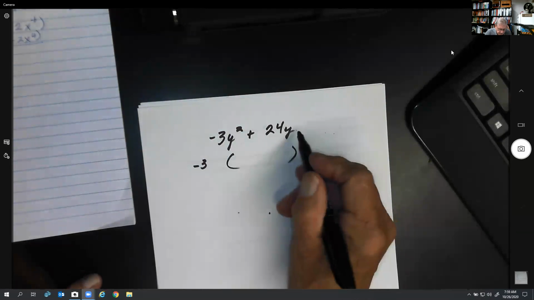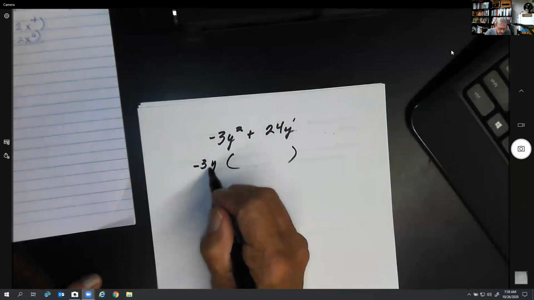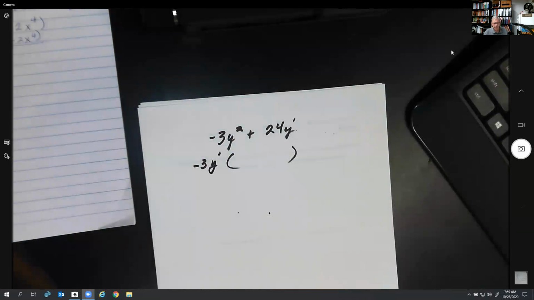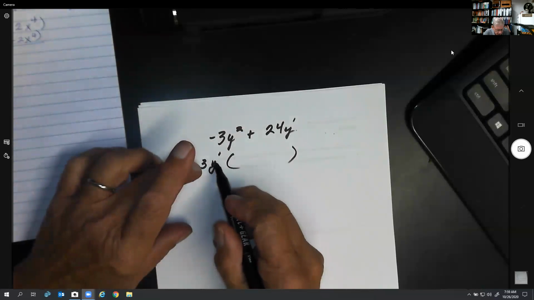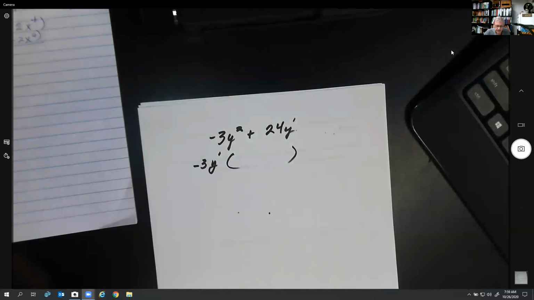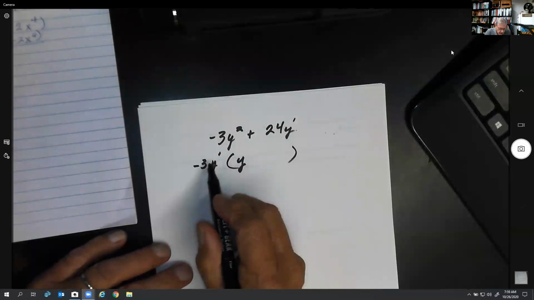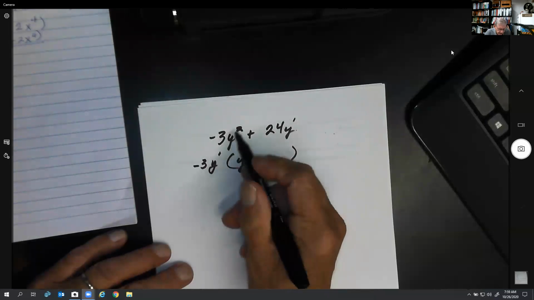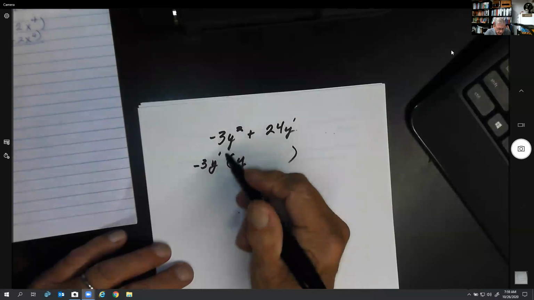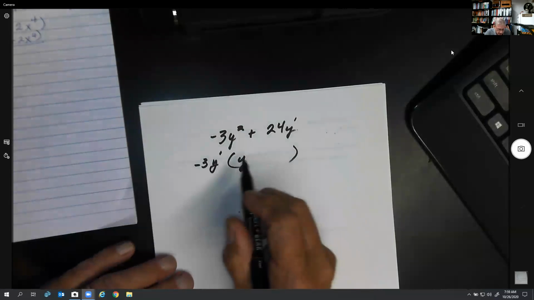We want to take out the smallest y, which is y to the power of 1. You can either divide, or you can say negative 3y times what gives me negative 3y squared. That's how I usually do it. But I can also divide, and sometimes in higher math, we end up dividing.